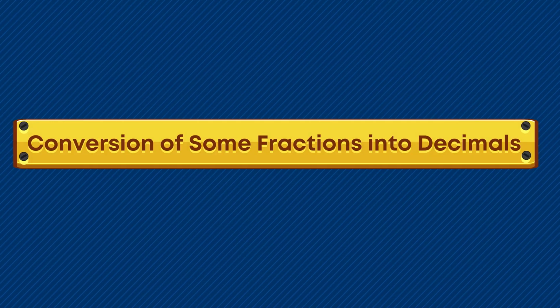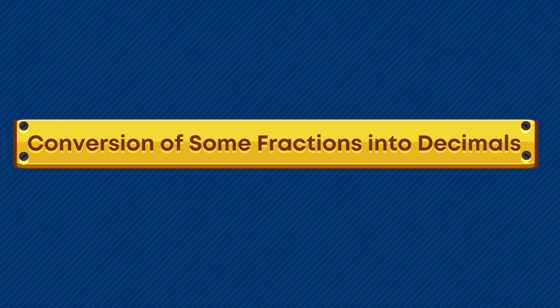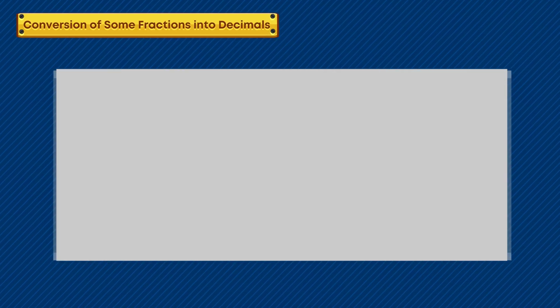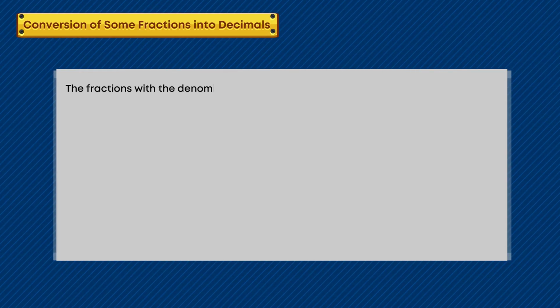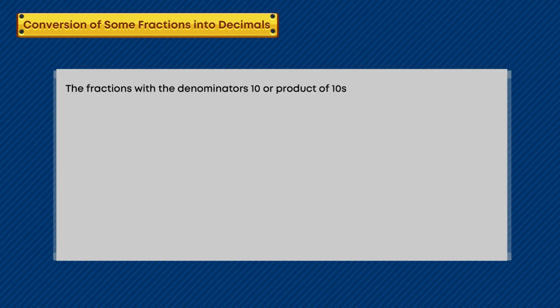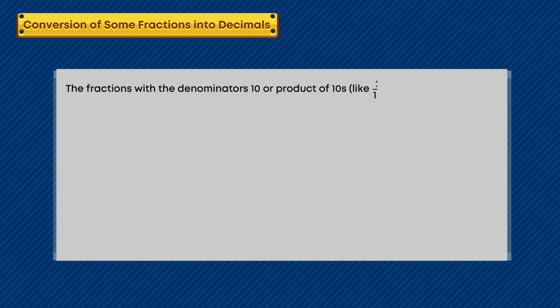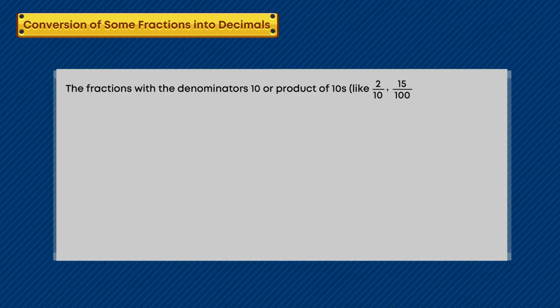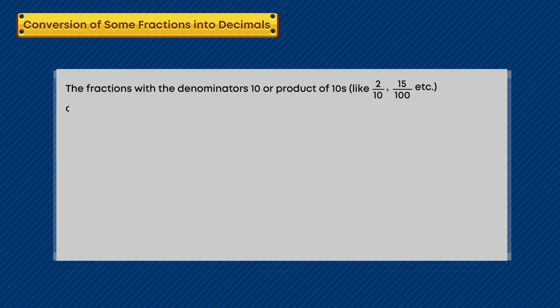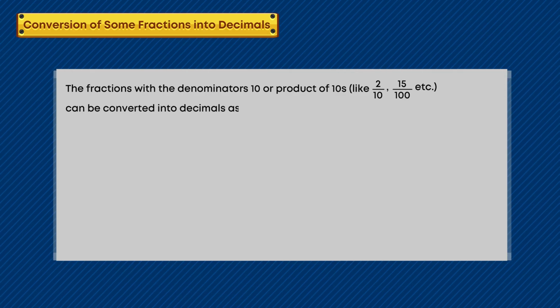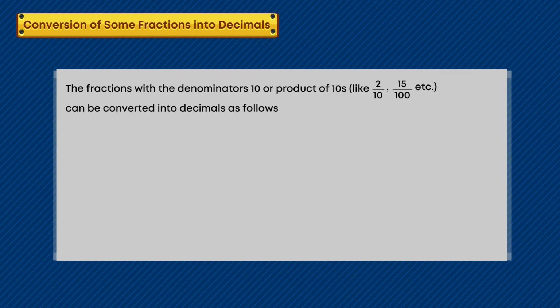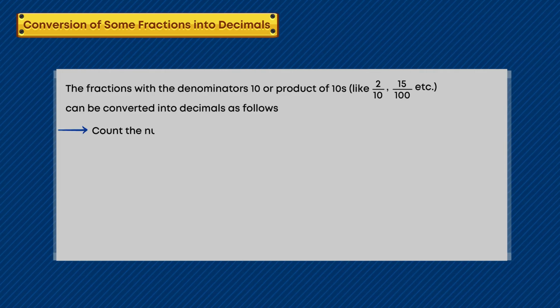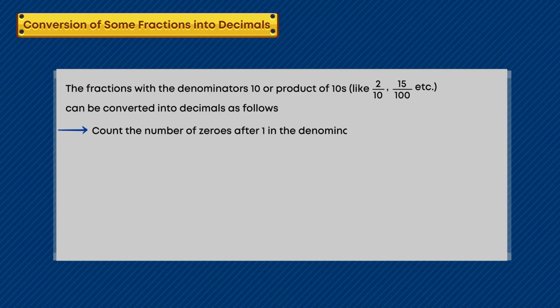Conversion of some fractions into decimals. The fractions with the denominators 10 or product of tens, like 2 by 10, 15 by 100, etc., can be converted into decimals as follows. Count the number of zeros after 1 in the denominator.